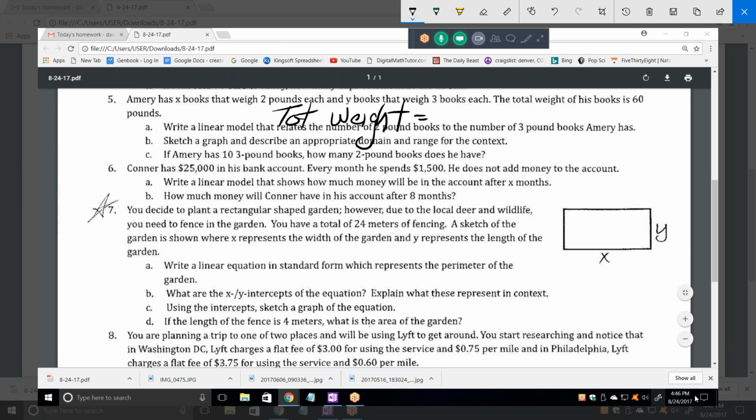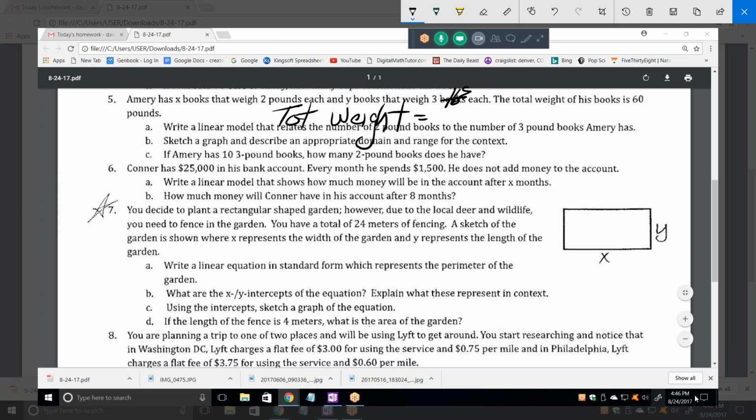If she has X books that weigh 2 pounds each and Y books that weigh 3 pounds each, what's the total weight going to be? If you're carrying a backpack to school and you've got smaller books that weigh 2 pounds each and bigger books that weigh 3 pounds each, what's the total weight going to be?